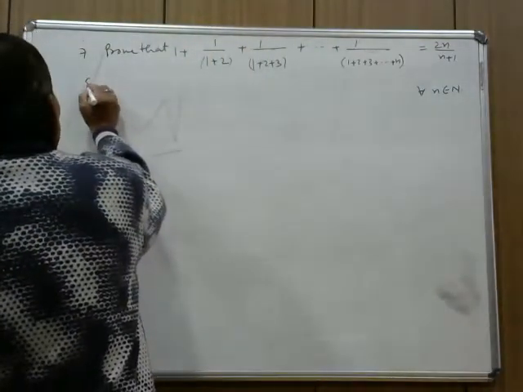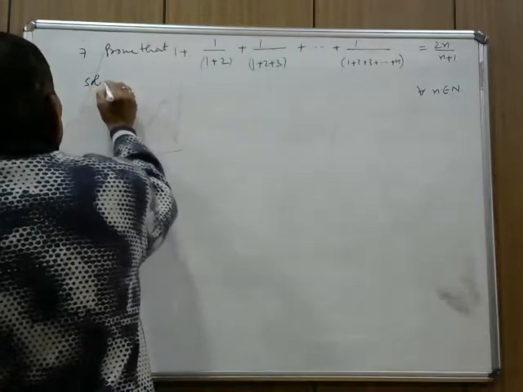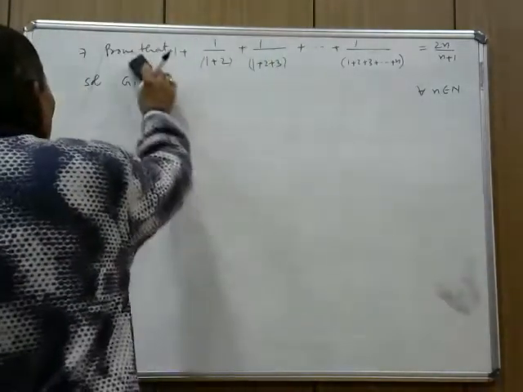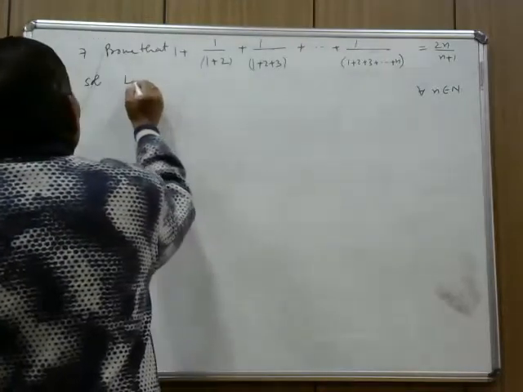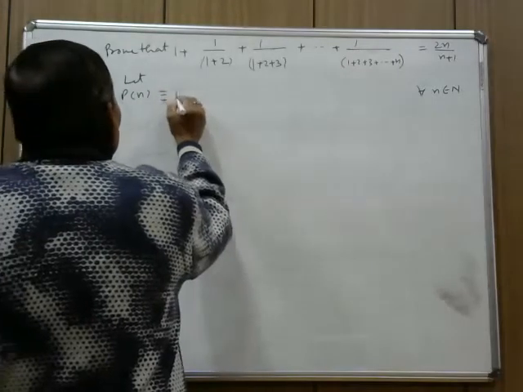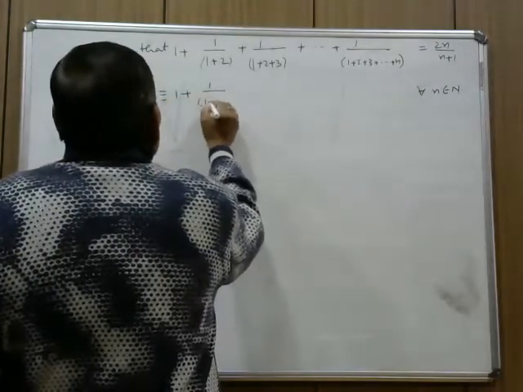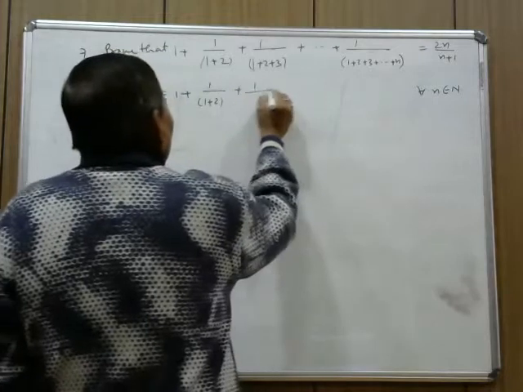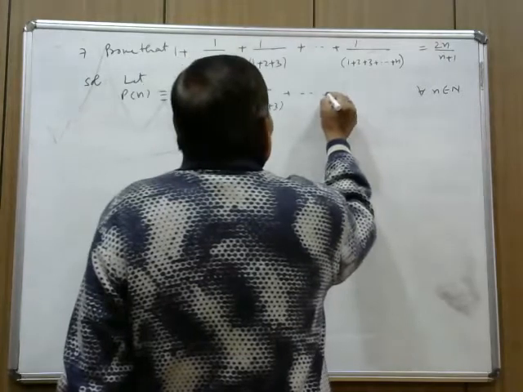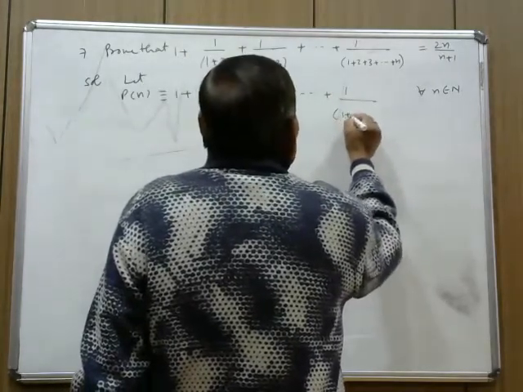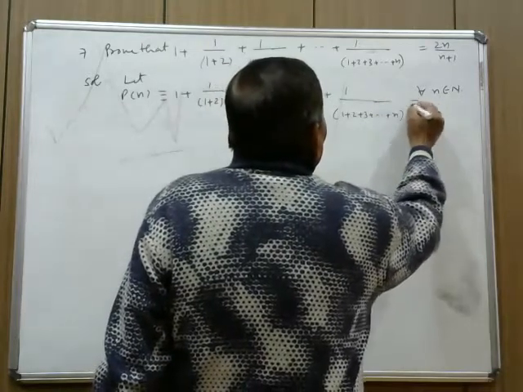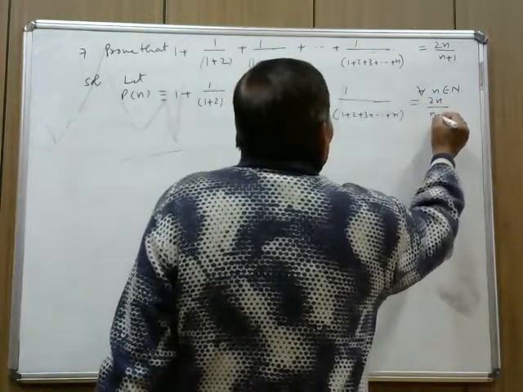Now solution. Given that, let Pn equal 1 plus 1 upon 1 plus 2 plus 1 upon 1 plus 2 plus 3 plus and so on plus 1 upon 1 plus 2 plus 3 plus and so on plus n equal to 2n upon n plus 1.